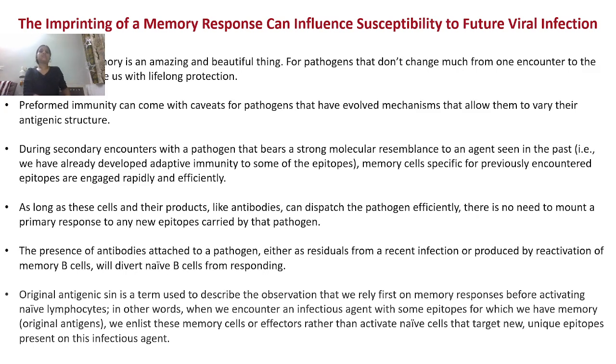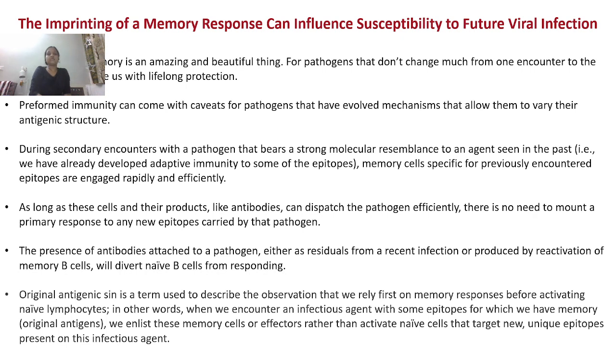But in the case of pathogens where there is this kind of mix and match of genetic reassortment, or antigenic shift and drift, it is not possible for our memory to recognize the pathogen every time. So preformed immunity can come with caveats for pathogens that have evolved mechanisms that allow them to vary their antigenic structure.